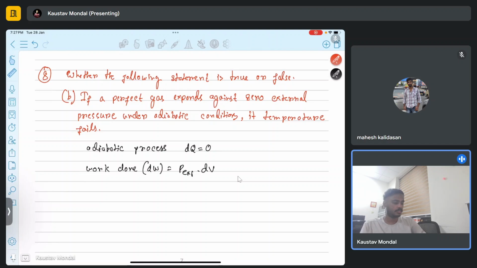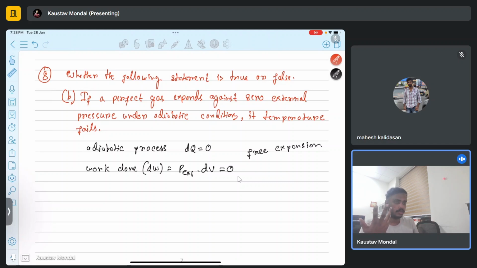This process is basically free expansion, where in the surroundings there is vacuum. When the system expands or contracts, the system will do no work, and no work is done on the system either. That is called free expansion, and during free expansion the work done will be 0 because P external is 0. There is no pressure against which it will do some work.